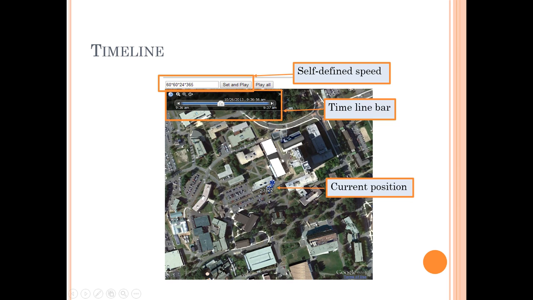For example, if you can see this number means that 1 second in the Google Earth represents 1 year in reality. If you click the second play, the animation will be showing in this speed.